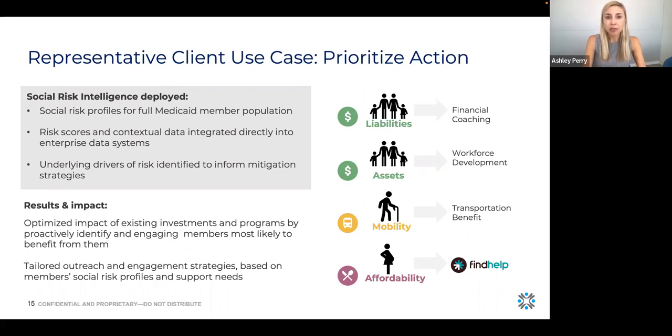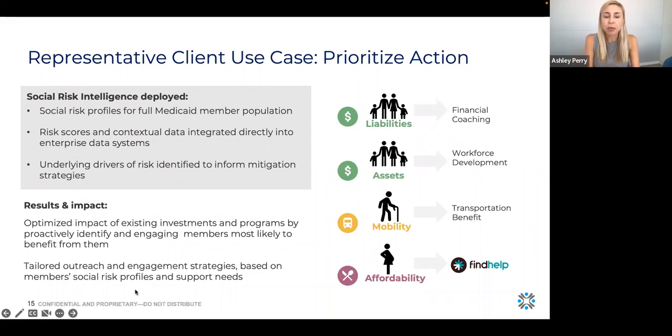They may not have the transportation or childcare that they need to get to the program. So being able to be more proactive about identifying them, engaging them, making sure they're aware, and then supporting them in terms of taking advantage of that program is a key component of getting the most value out of these initiatives, and really being able to drive impact across the most vulnerable subset of your member population.